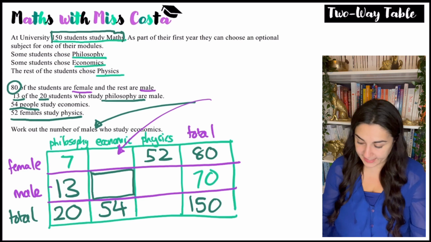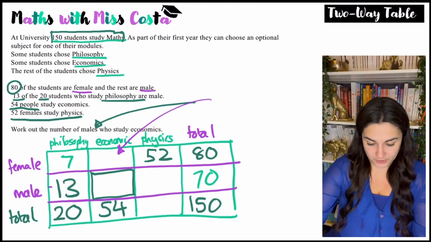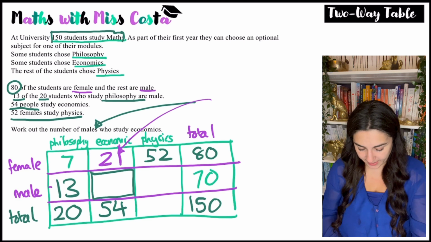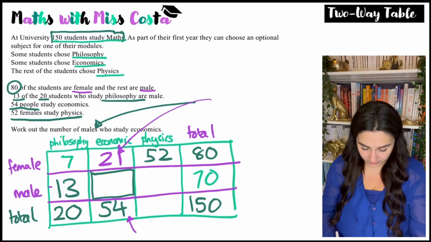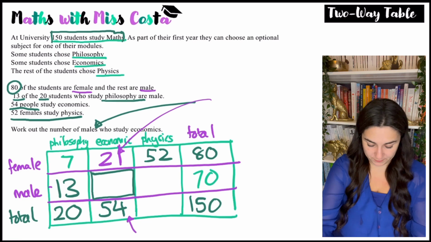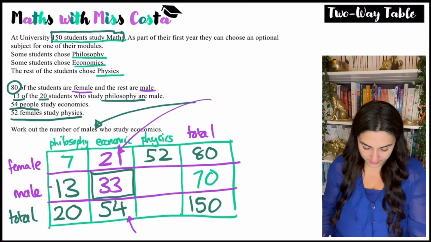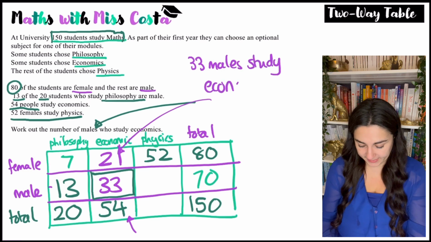So I know there are 80 females in total. 52 of them study physics and 7 study philosophy. So if I subtract that, I'm left with 21. And I know that in total, there are 54 people that study economics. So 54 take 21 is going to be 33. So therefore, 33 males study economics.